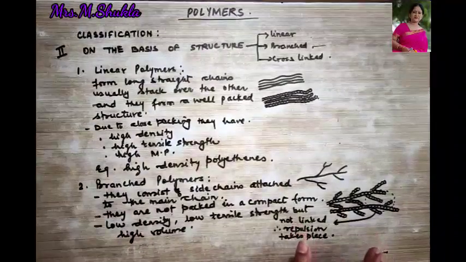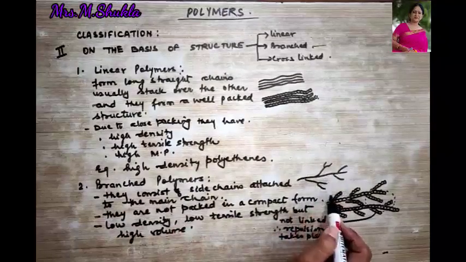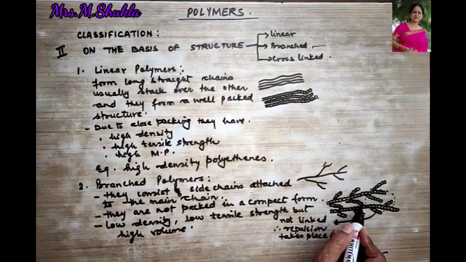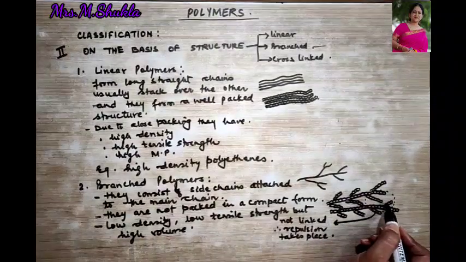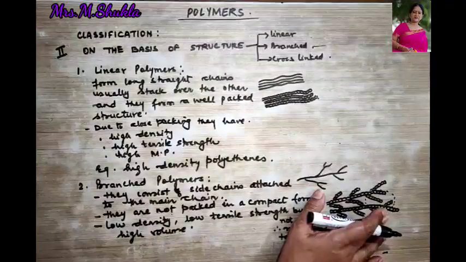Is this clear? I hope through the structure this is very clear. Branched polymers, they can be branched like this. I've shown it to you over here. See, here they are attached, but here there is no linkage and therefore repulsion takes place from here, right?